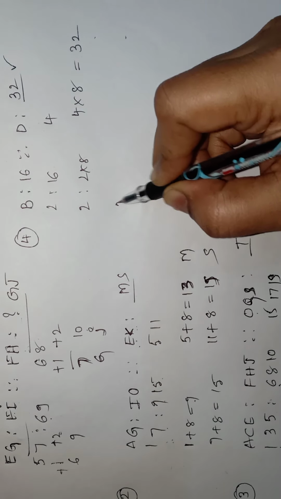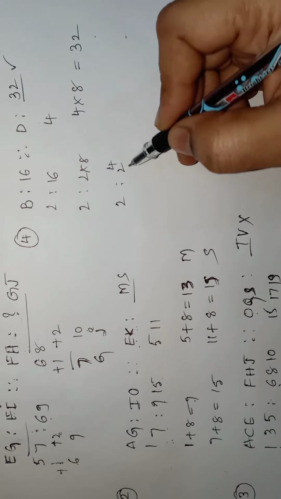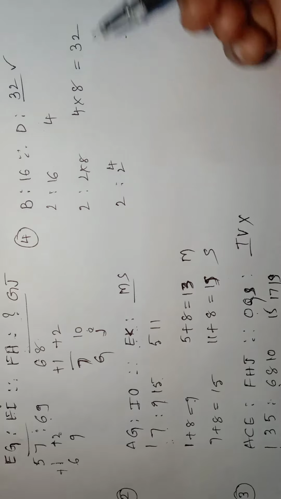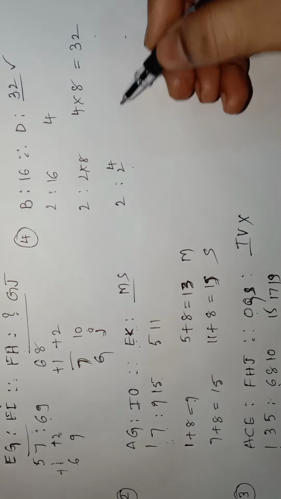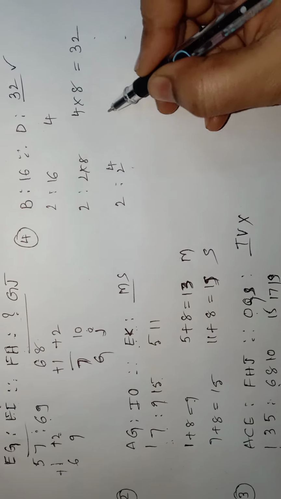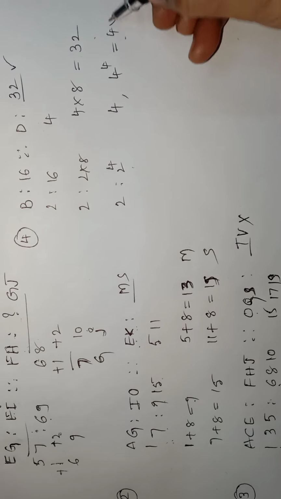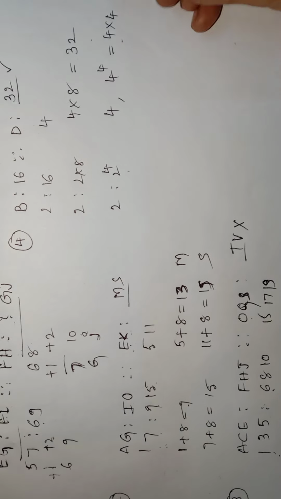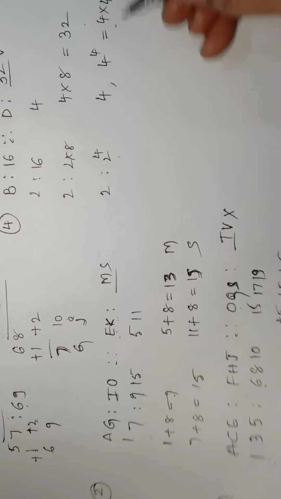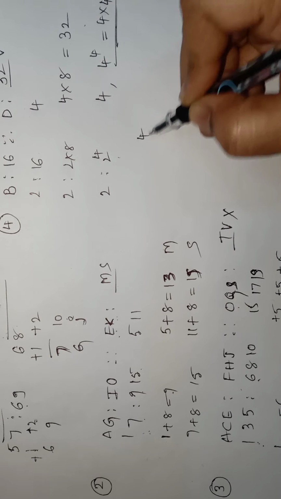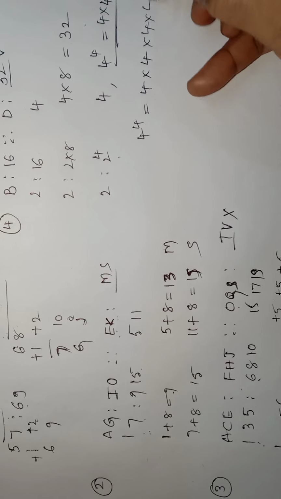For another reason, take 2 power 4. 2 power 4 means 2 into 2 into 2 into 2, 4 times. 2 power 4 is 16. Now take 4 power 4, that is 4 into 4 into 4 into 4.